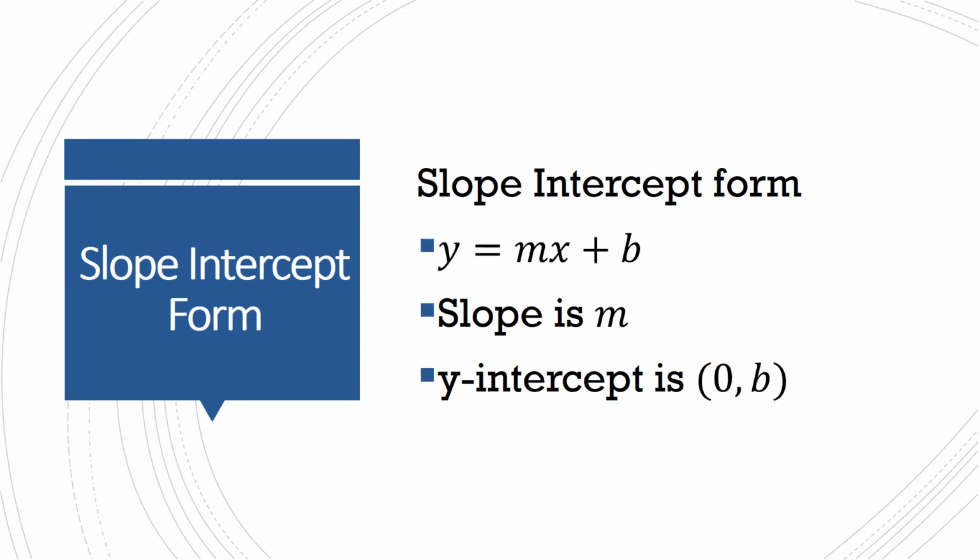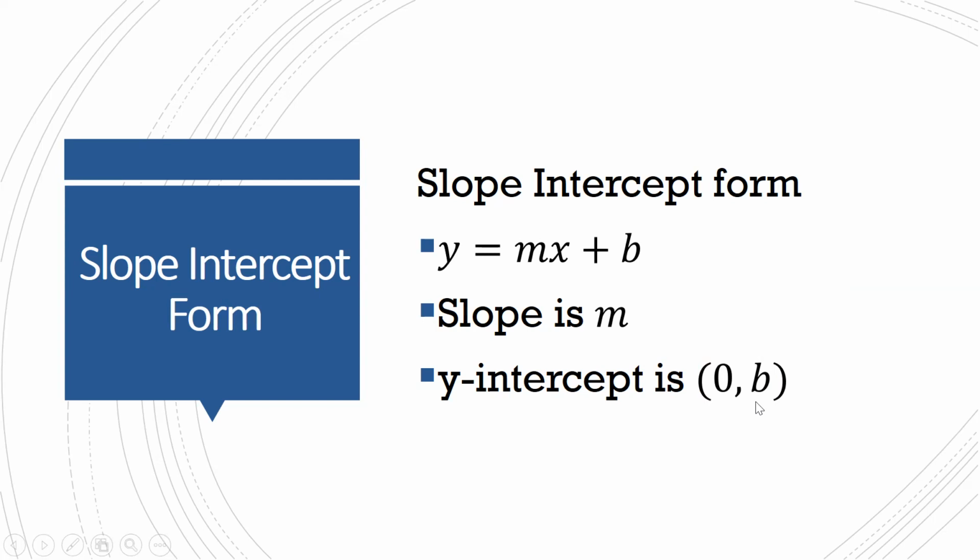Now, slope-intercept form of a line is y equals mx plus b. The slope is going to be the numerical value of m, and the y-intercept is going to be the point (0, b). So the b in this equation stands for the y value of the y-intercept.